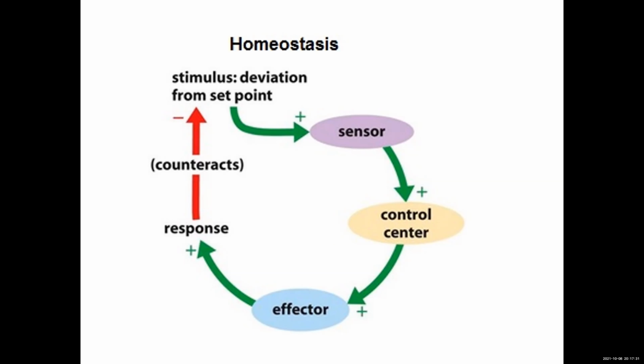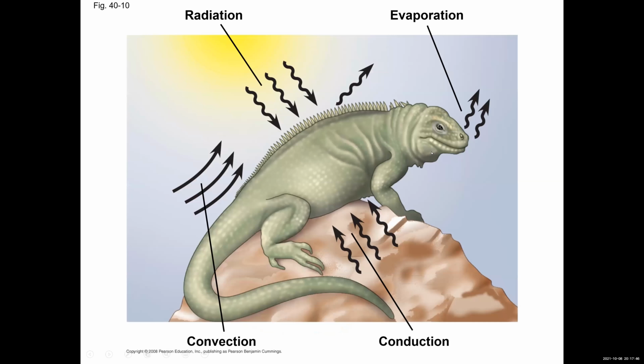All right, so basically homeostasis is maintained by negative feedback loops that work because of the action of the nervous and endocrine systems. We're going to look at thermoregulation in a little more detail, because it's fairly easy to see the things that happen that have to do with thermoregulation.